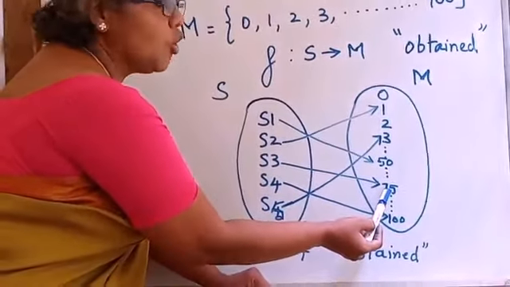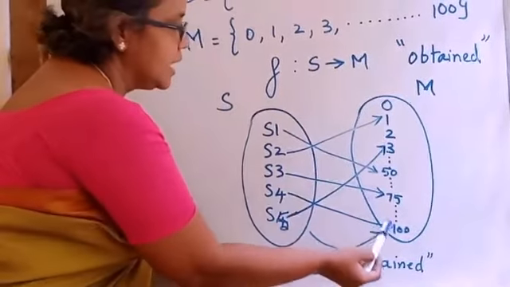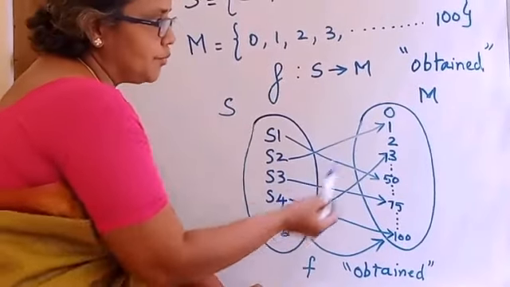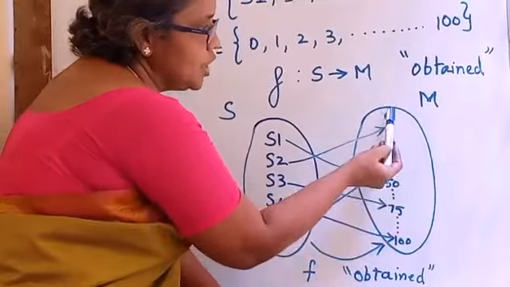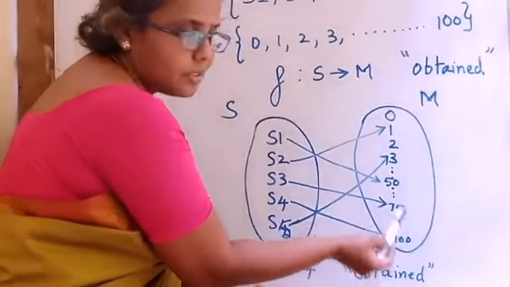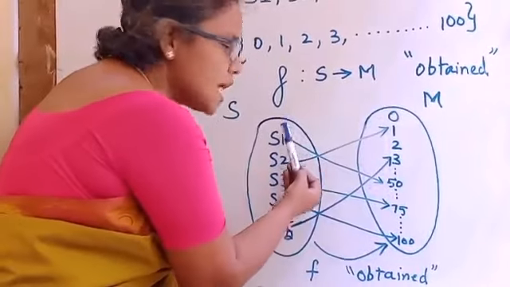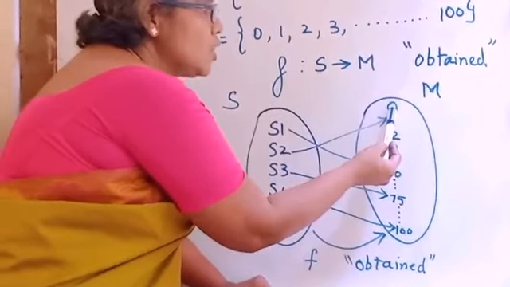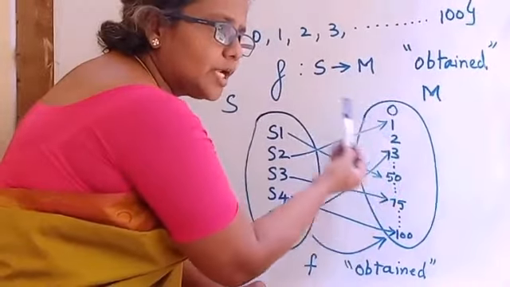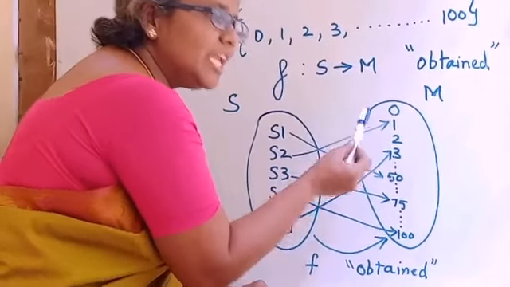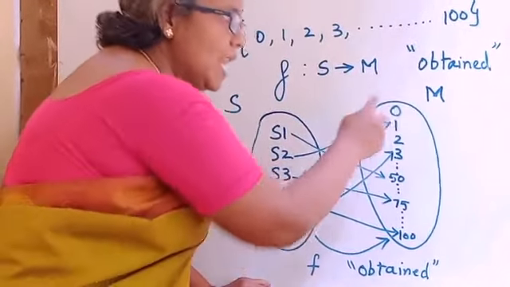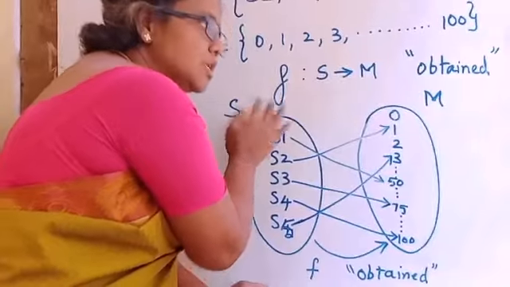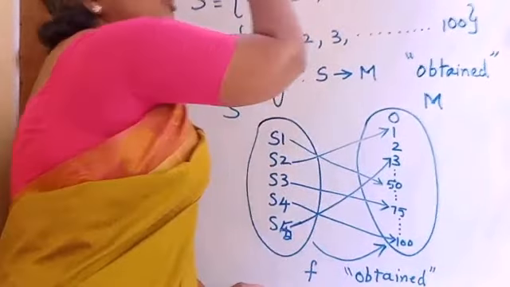Element 75 has a pre-image S3. Likewise, element 100 has a pre-image S4. The other elements like 0, 2, 4, 6 and so on do not have a pre-image in the domain. So here there are so many elements that do not have a pre-image. According to the definition, if there is at least one element in the codomain that does not have a pre-image, then that mapping we call an into function.